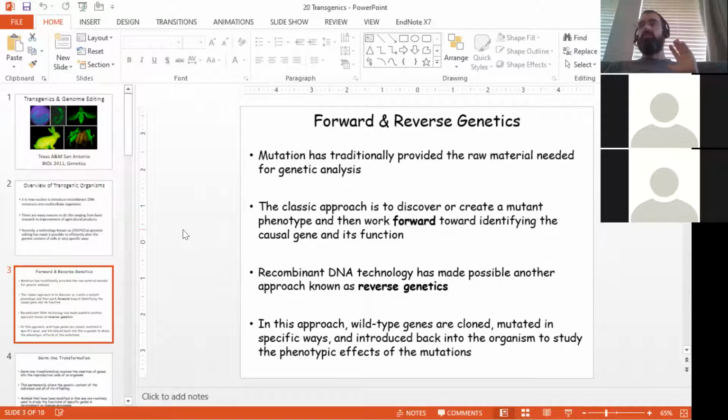We're going to selectively knock them all out, or we're going to overexpress them all, or whatever, right? And then you look for what phenotype that causes, and that tells you essentially what its role is in that process. So that could be by targeted mutagenesis, right?